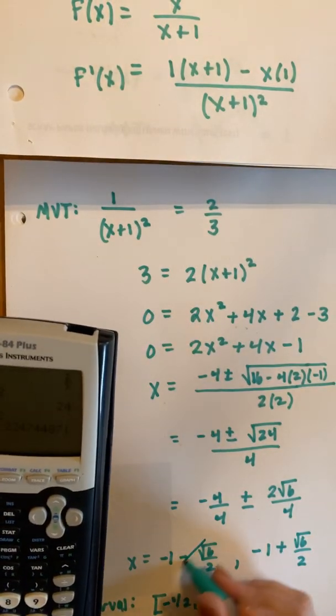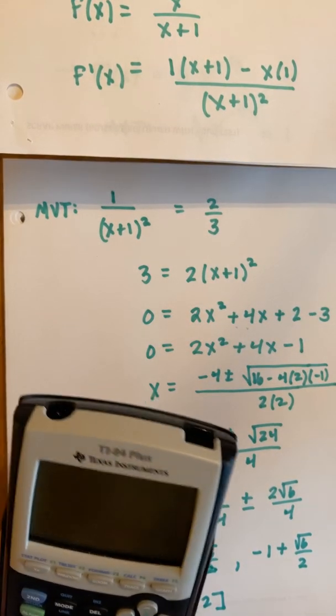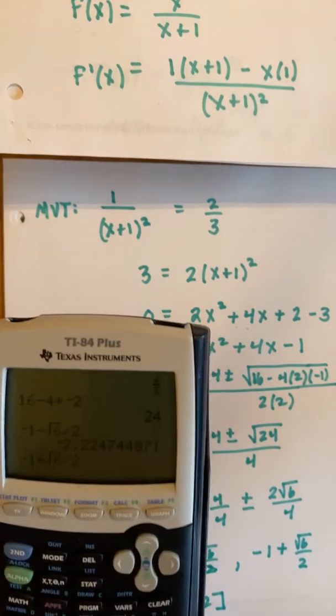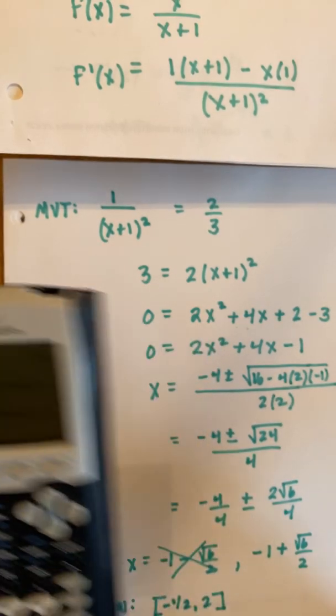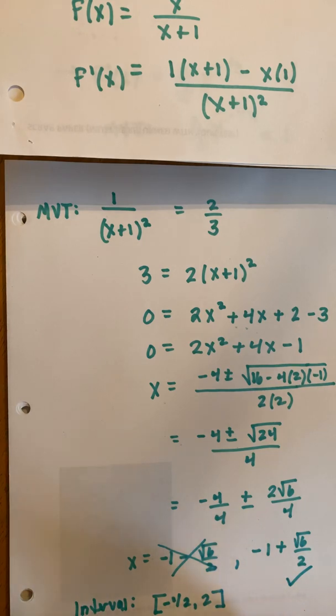So this does not fall within our interval, but I'm going to do it again. I'm going to change my minus to plus. And 0.22, this one works. So therefore, the value of C in the mean value theorem that satisfies the conclusion of the mean value theorem is -1 plus the square root of 6 over 2.